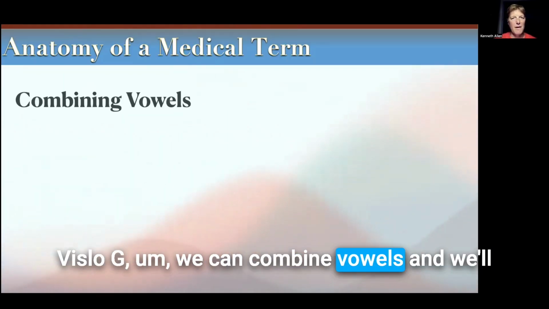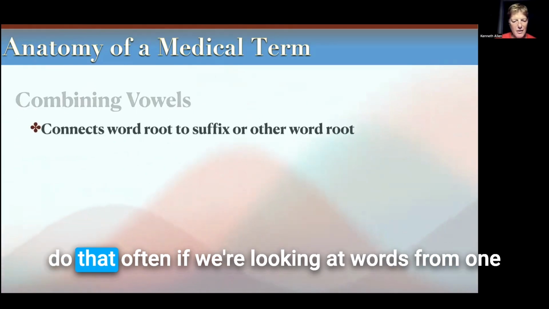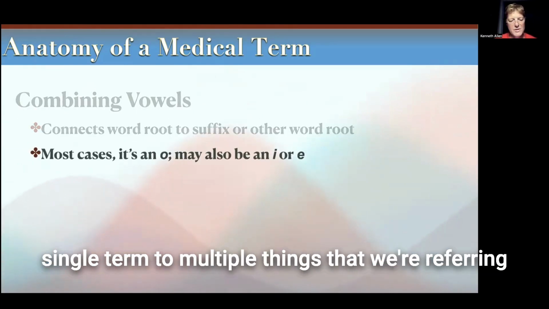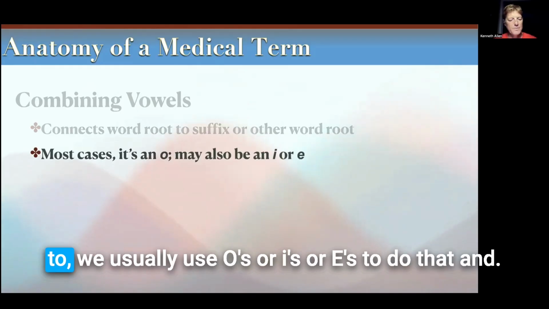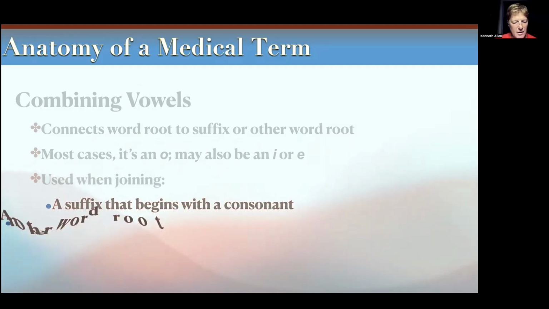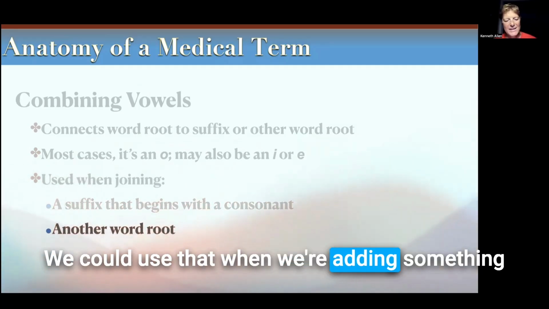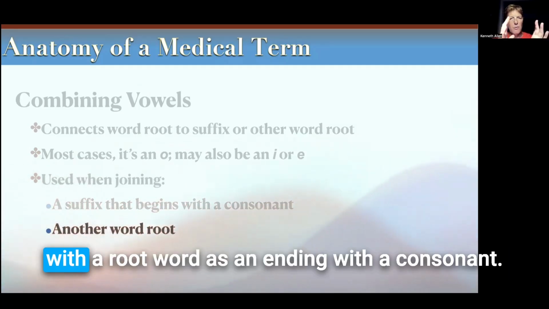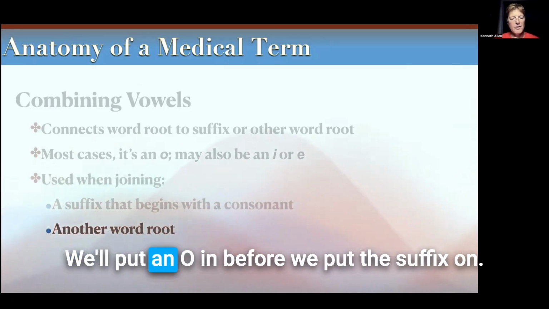We can combine vowels, and we'll do that often if we're looking at words from one single term to multiple things that we're referring to. We usually use O's or I's or E's to do that. And we can use that when we're adding something where the root word has an ending with a consonant. We'll put an O in before we put the suffix on.